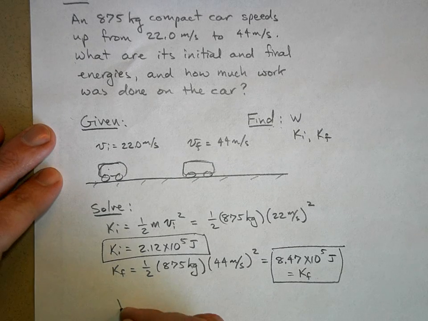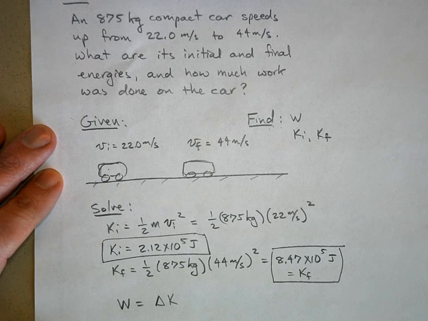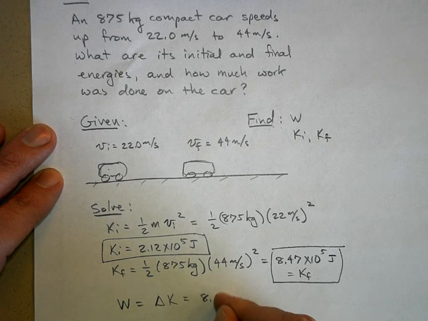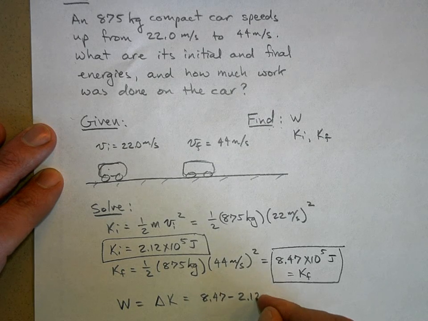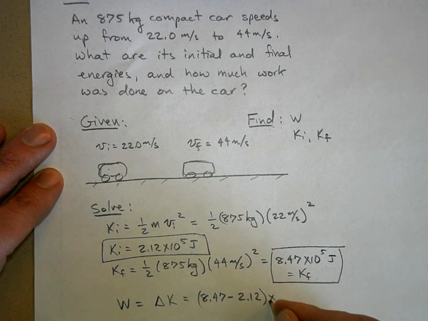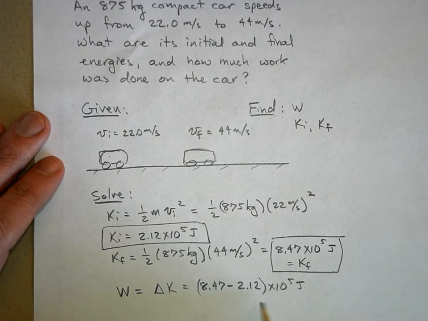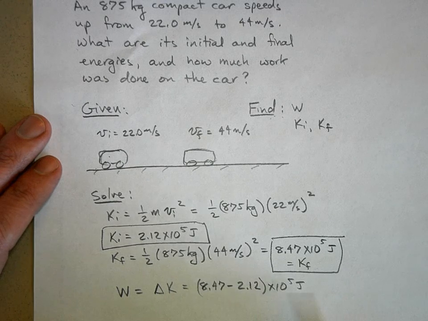But the work done resulted in a change in kinetic energy, which is K final minus K initial. Now watch this little fancy piece of work: times 10 to the 5 joules. Why did I do it like that? Because I'm too lazy to write times 10 to the 5 joules twice, so I just factored it out.